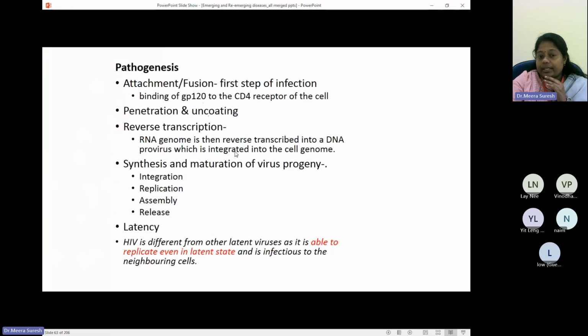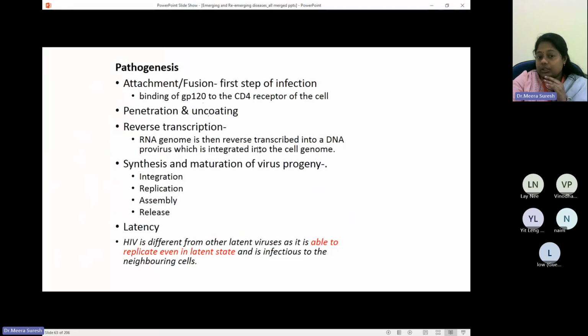The DNA then integrates into the human cell genome, because the RNA genome of the HIV virus cannot combine directly with our cell DNA. That is why the RNA genome, with the help of reverse transcriptase, gets converted to DNA provirus.